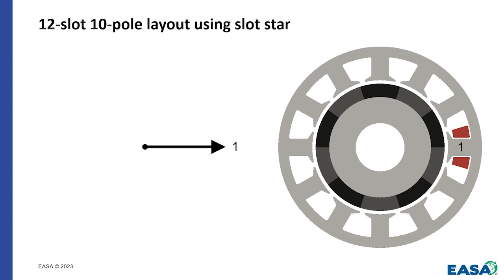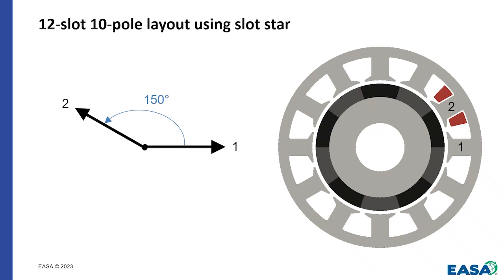Now, if we had a 2-pole 3-phase winding, the slot 2 here would be 30 degrees from the slot 1 electrically. But because we have that 10-pole winding, remember we're using that 5th harmonic, we've got 30 degrees times 5, which is 150.